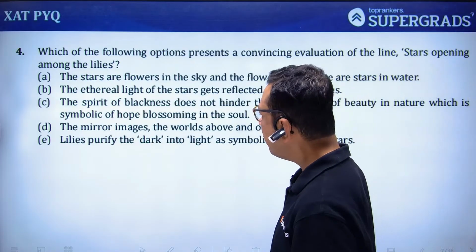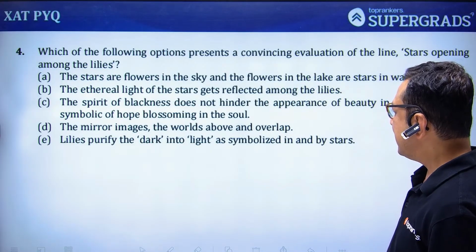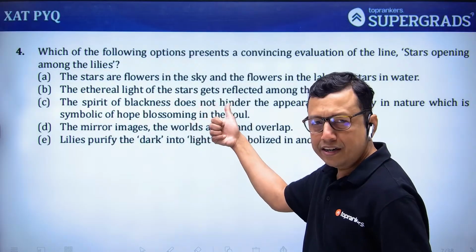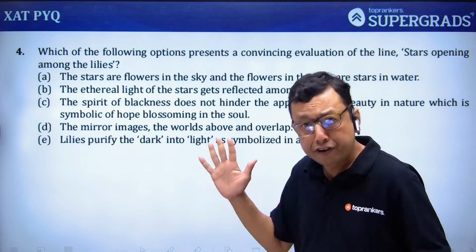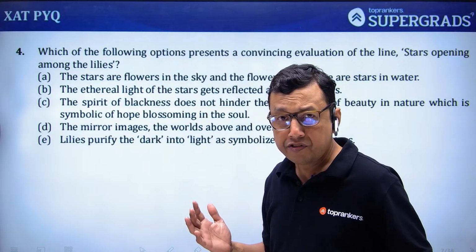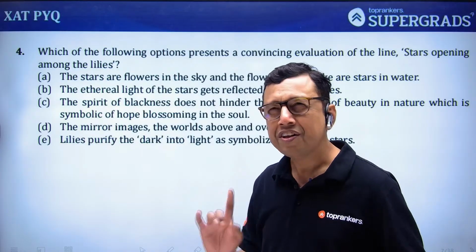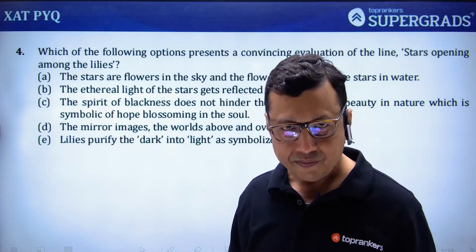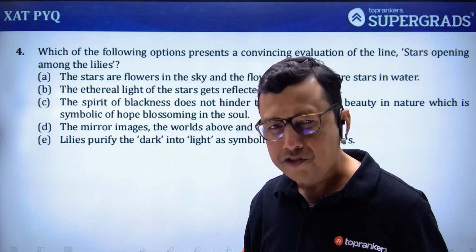Lilies purify the dark into light. Now, well, this says it does not hinder. You should very carefully compare the options. It's very important. If at all you start making a comparison between C and E, what you should first of all do is just think about the theme of the poem. It is total darkness, a transitional contrast by one sentence.